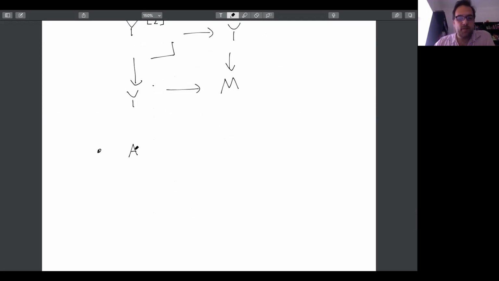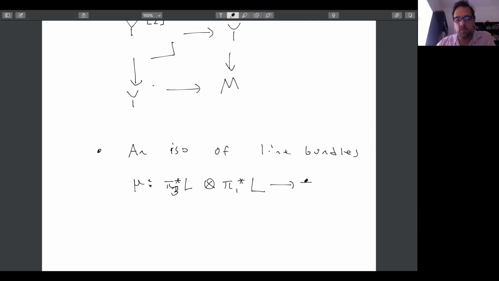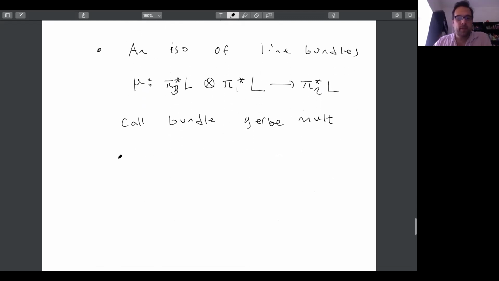And an isomorphism of line bundles called the bundle gerbe multiplication, which satisfies an associativity condition.